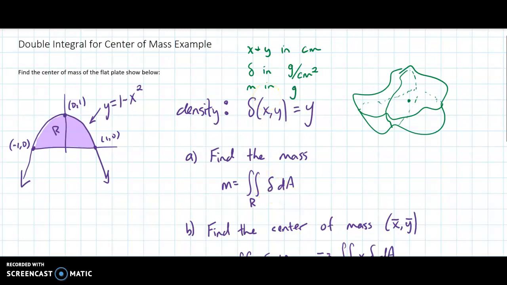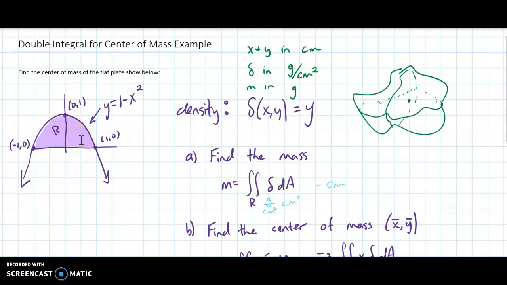Why is that? If you look at this, this would be my grams. This dA would be an area unit, so it'd be centimeters squared. And notice when I multiply centimeters squared by grams per centimeter squared, I get out grams. And that area gets multiplied when I do my integral.